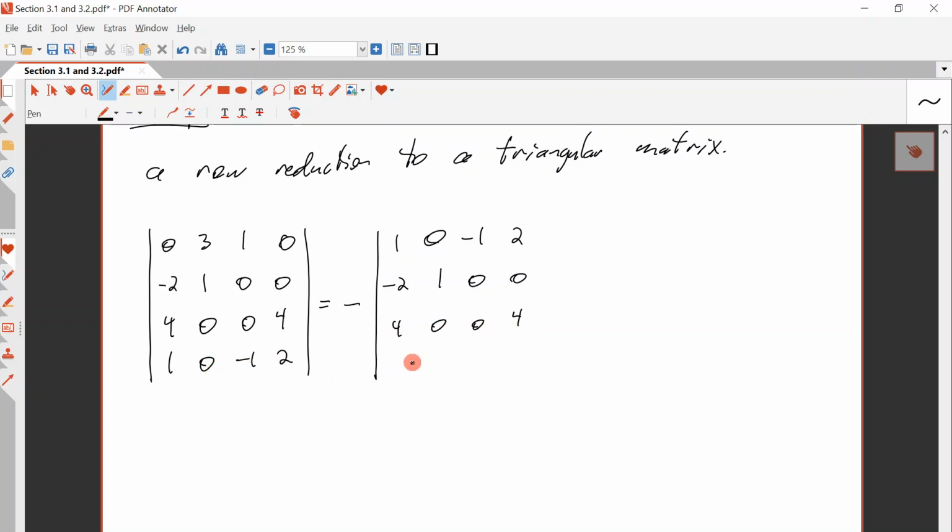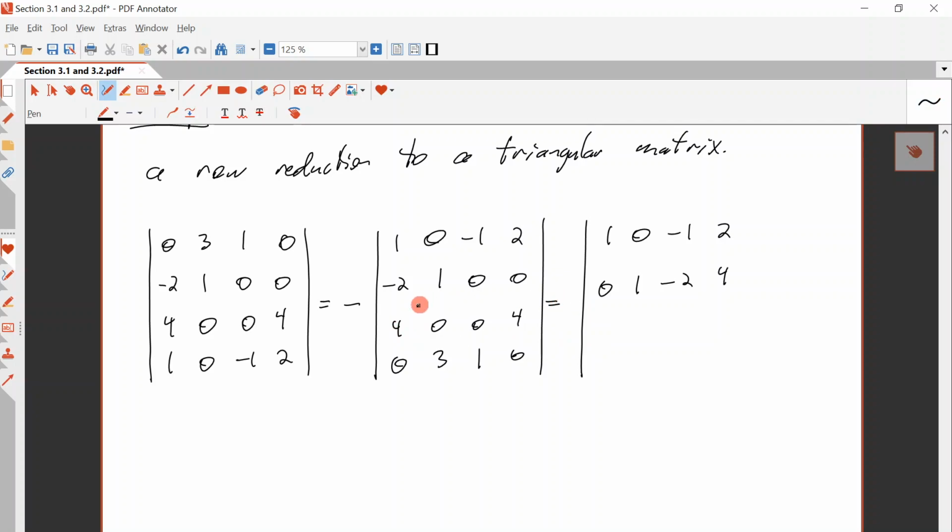1, 0, minus 1... oops, no. 0, 3, 1, 0. So now I'm going to add row 1 twice to row 2, and it doesn't affect the determinant. So that's 0, 1, minus 2, 4. Subtract it 4 times from here.